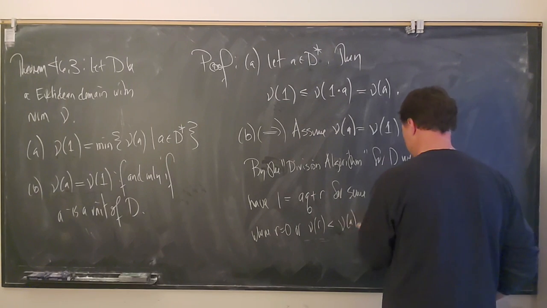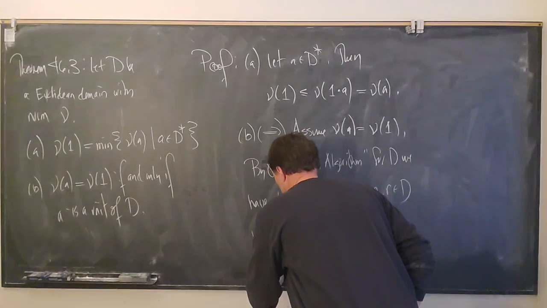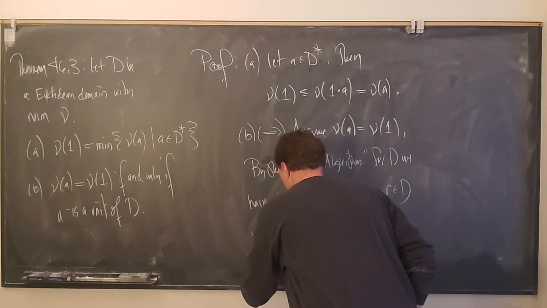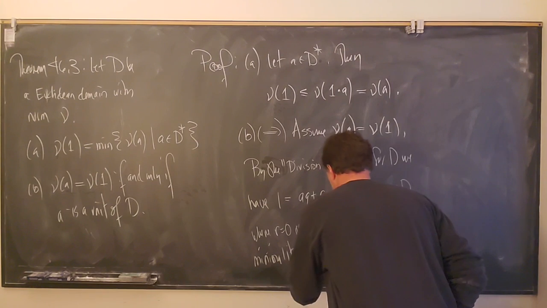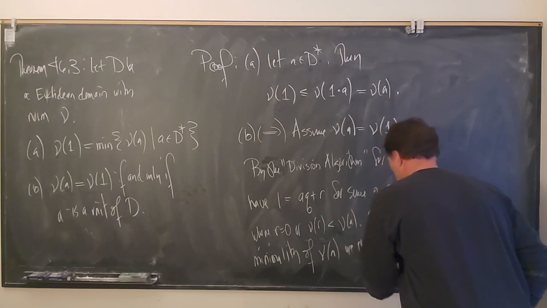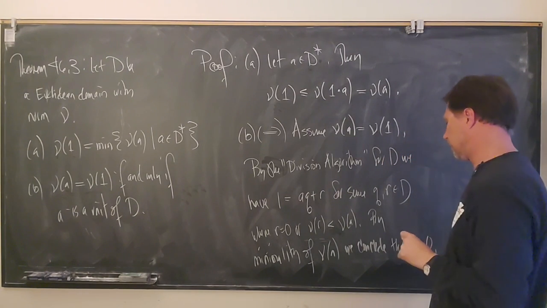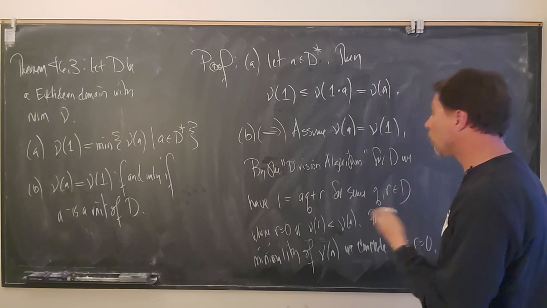So by minimality of the norm of A, R equals 0. So what does that tell us?